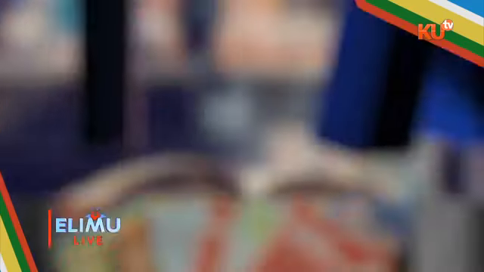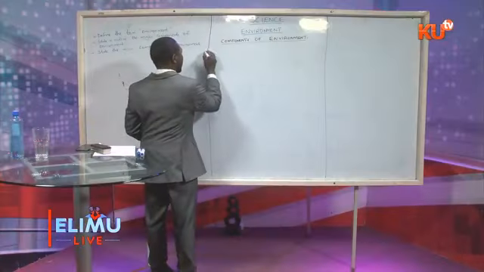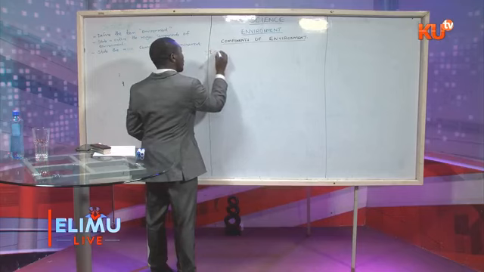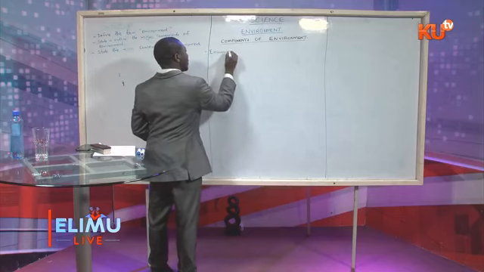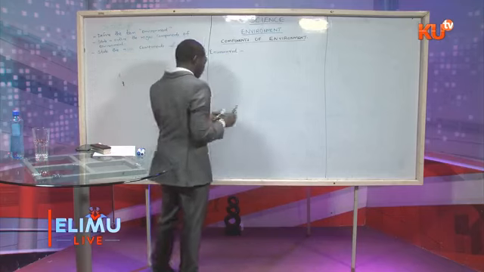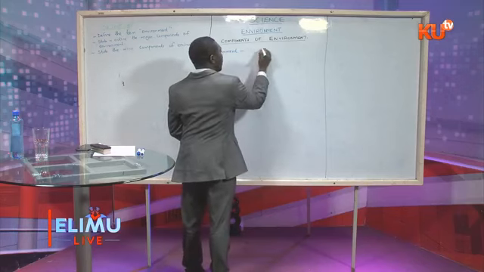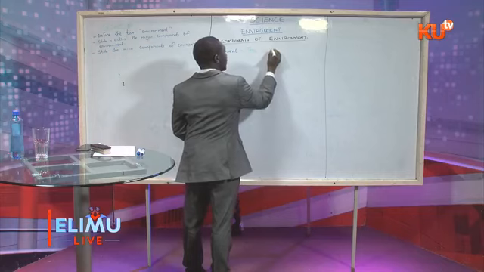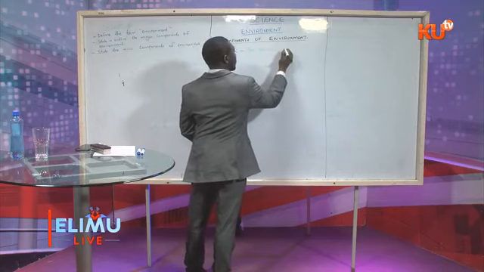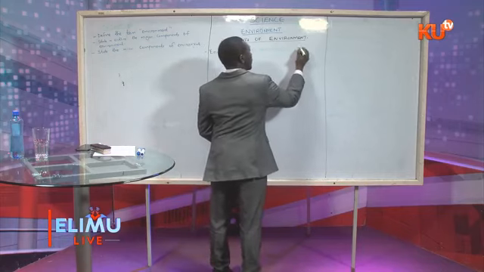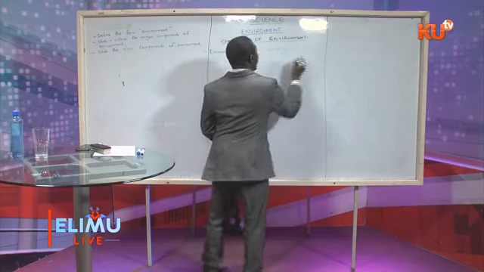In standard 7 or in standard 2, they define the word environment as the surrounding of a living organism. Environment is the surrounding of any living organism.